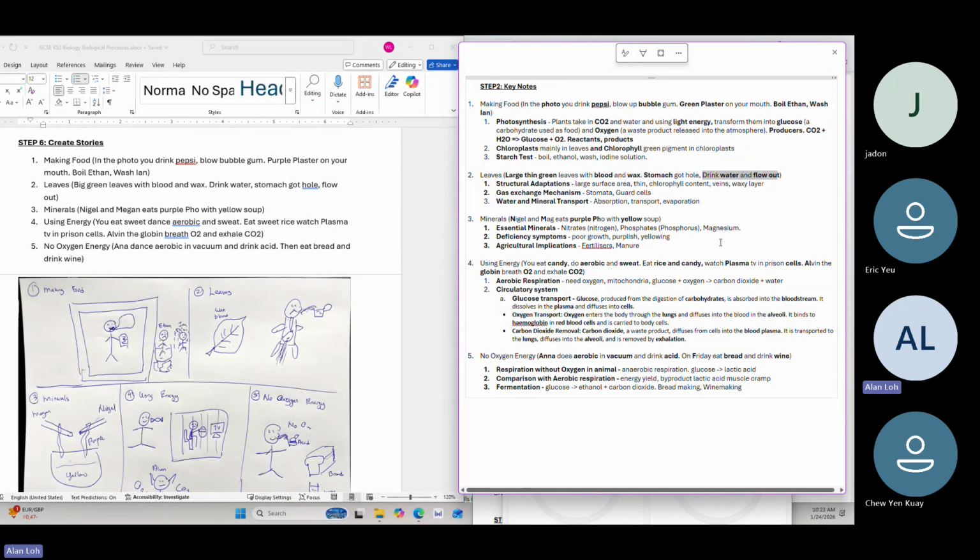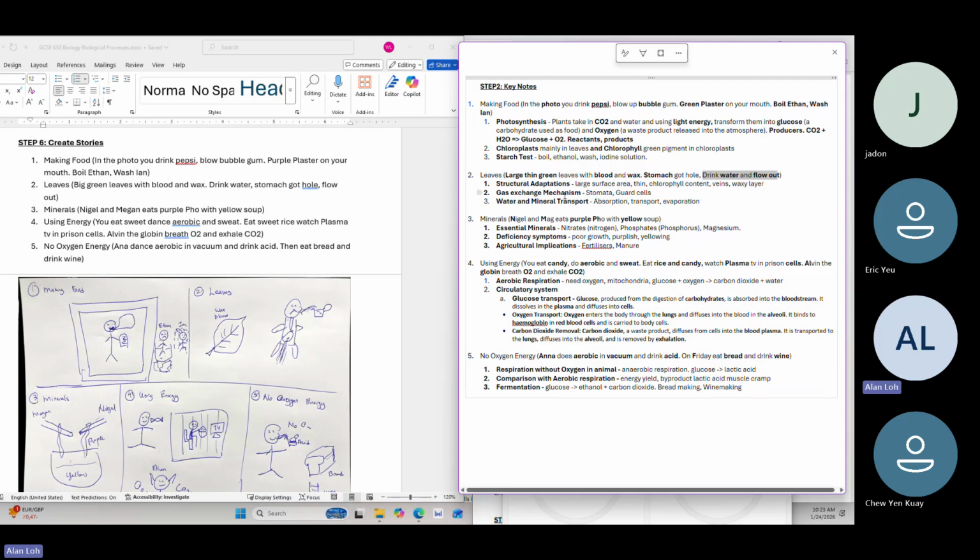So there are 2 stories, and this is the drawing that I drew. This is the leaf, with wax and blood. Of course, thin is hard for me to draw, but I have to remember that. And large, yeah, this is a large one. Then you have a stomach here with a hole, and you drink water and it flows out.